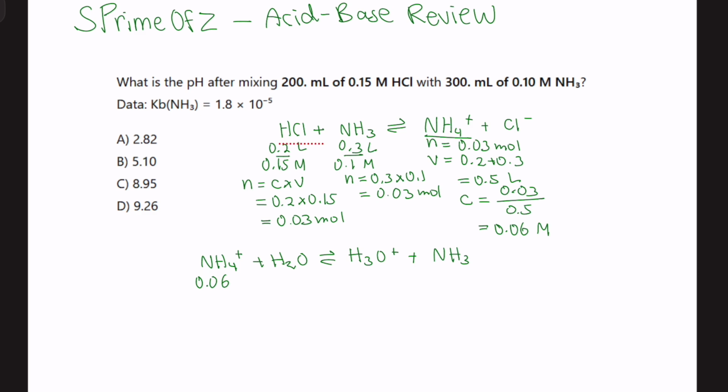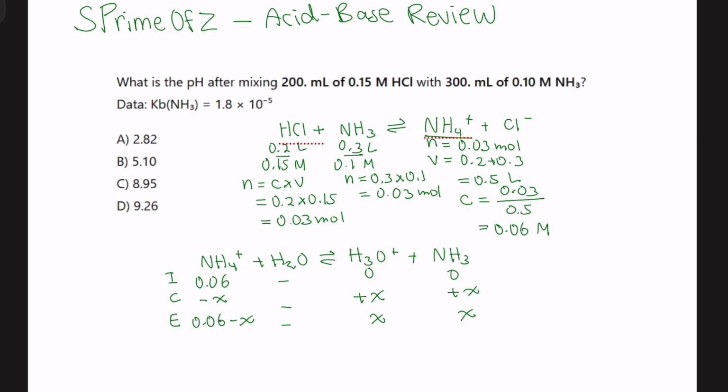And now this is essentially going to turn into an ICE table. So I will subtract a certain amount of x, and then I'm going to add a certain amount of x on the product side. So what I have is 0.06 minus x, and then x.